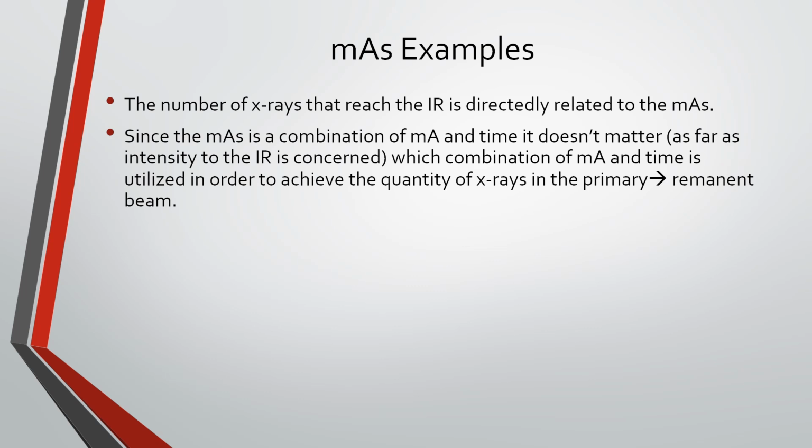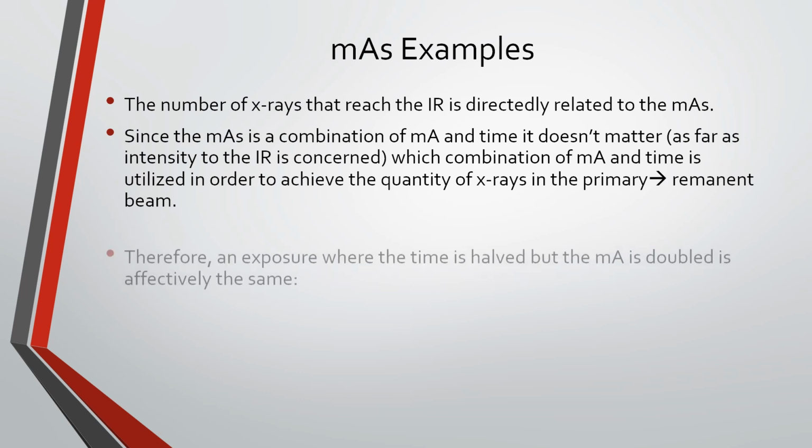As long as the mass is the same, it's going to have the same quantity of X-rays in the primary beam into the remnant beam, which is going to get to the IR. So as far as the IR is concerned, which is the signal for the image, it doesn't matter what combination of the MA and time you use.